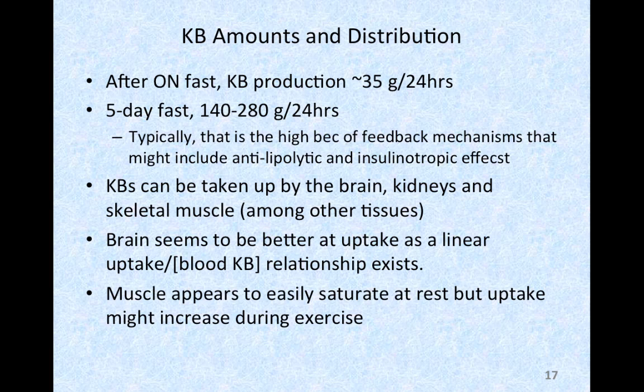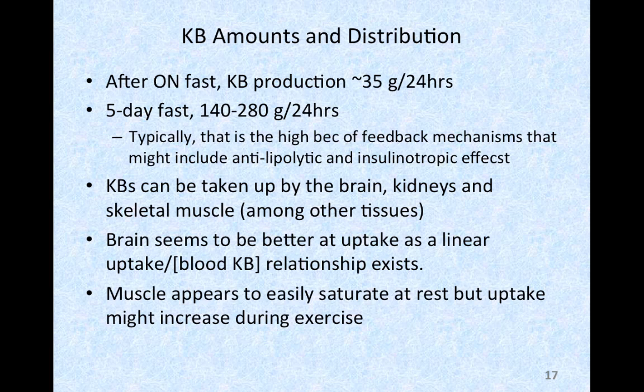It tends to be better at uptake because there is a linear relationship of uptake per blood ketone body concentration. In other words, for the brain, when ketone body levels in the blood go up, the amount of ketone bodies going into the brain are in direct association with that.